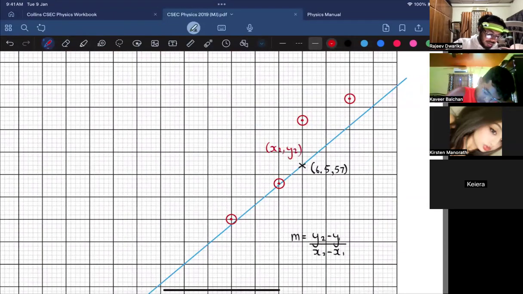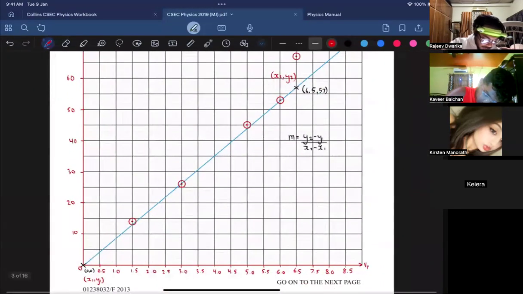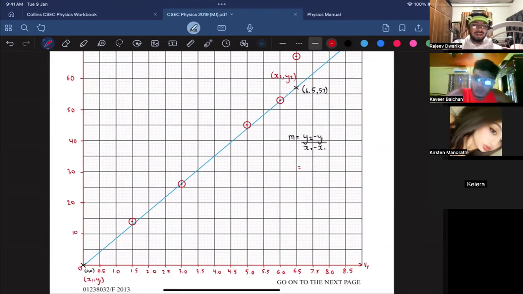Right, let's calculate the gradient right here. So y2 is, what's y2? What's the second value for y, not point? 57. What is y1? 0. Y1 is 0. What is x2? 6.5.